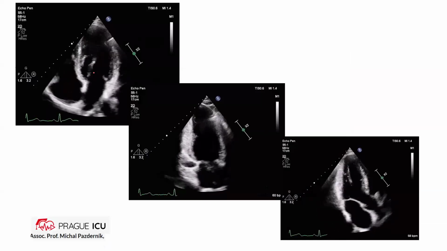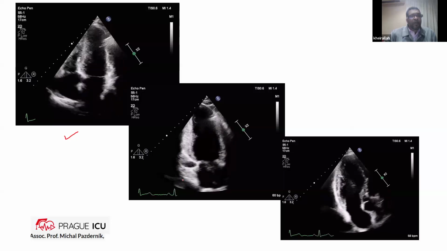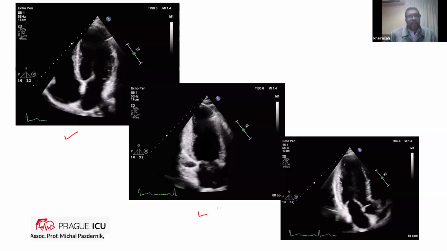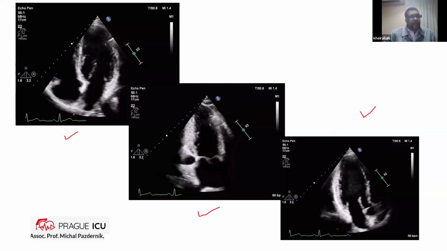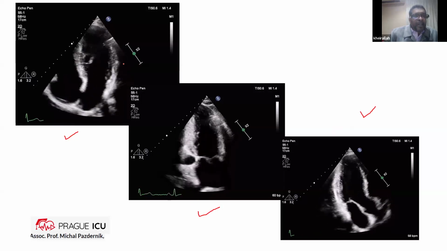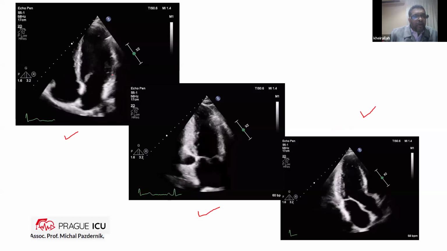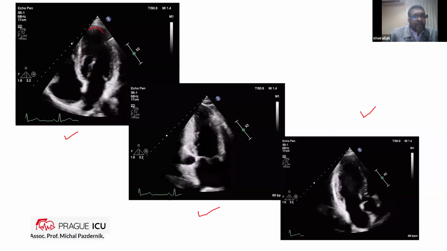Now look here. This is what? Apical 4, apical 2, apical 3, right? What is this wall here? Lateral wall, inferior septum, apex.